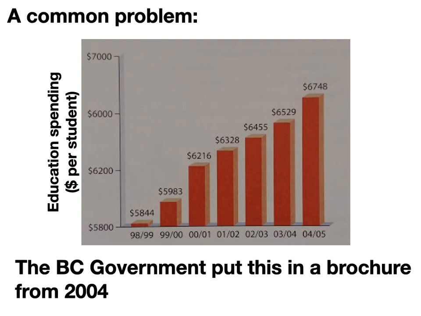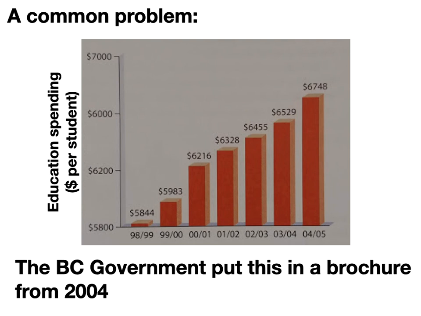This is a real graph from a brochure put out by the British Columbia provincial government in 2004 about how much government tax dollars were spent on education per student. We've got a bunch of different years along the x-axis as different categories, different academic years. On the y-axis, we're representing the amount of spending per student in the province done by the government. What's misleading here is that this is a bar graph.